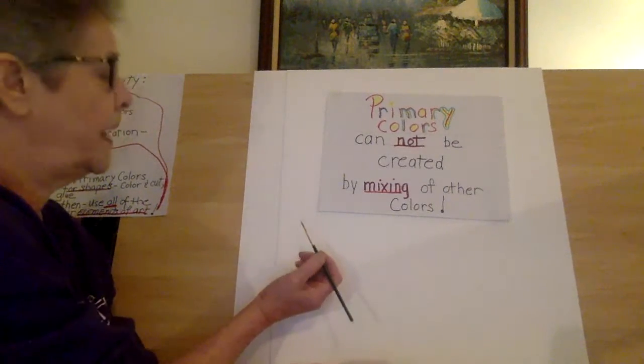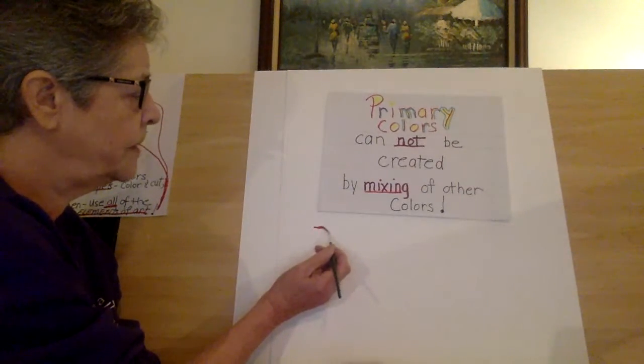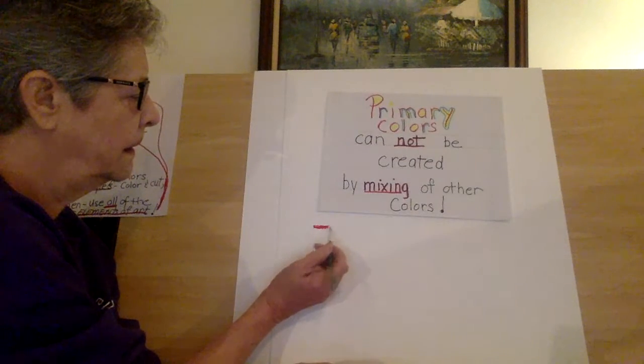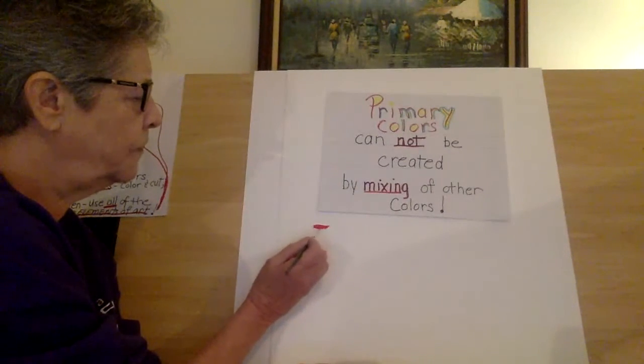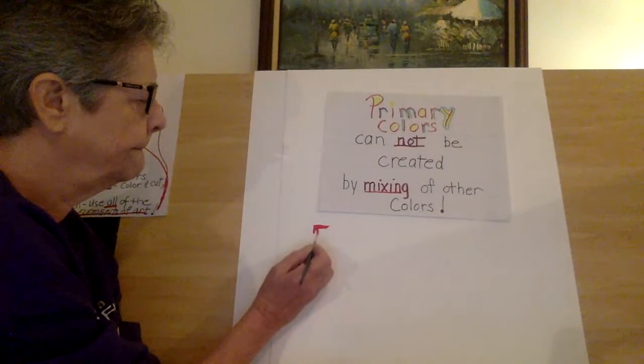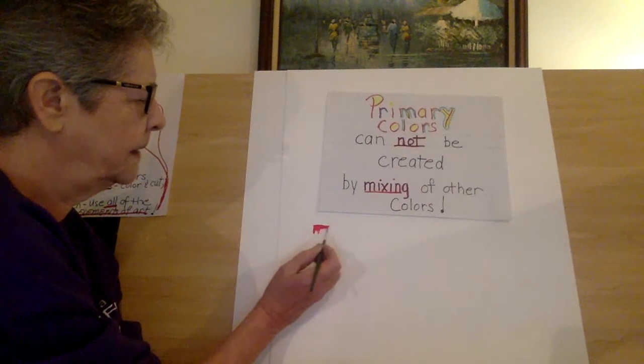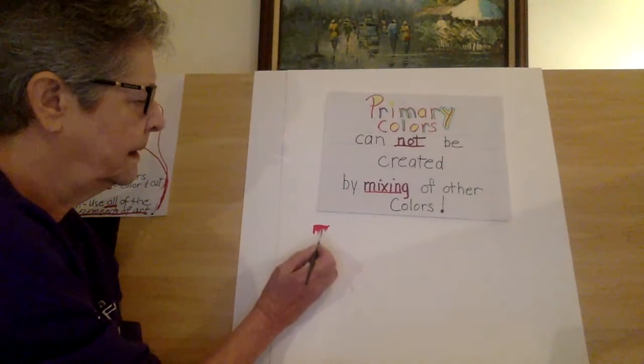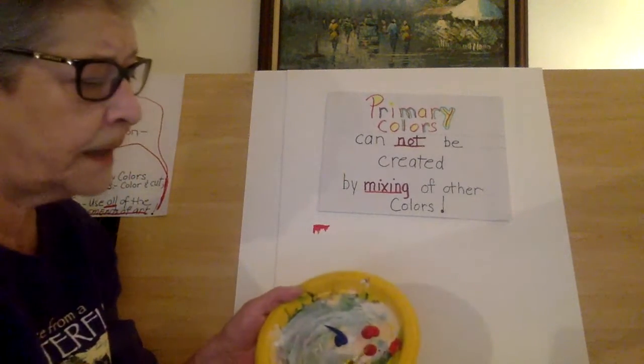And I'm going to paint red very carefully. I'm going to get it back and forth here. I'm going to fill in gently. Oh, I need a little more red.